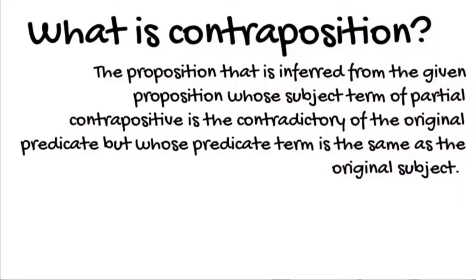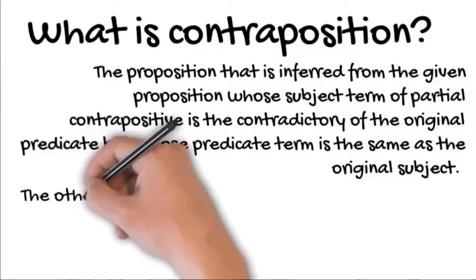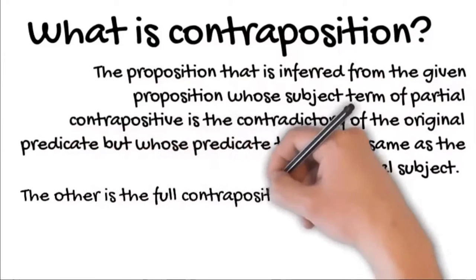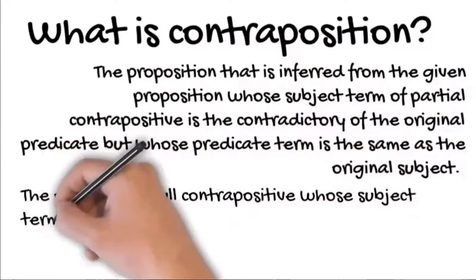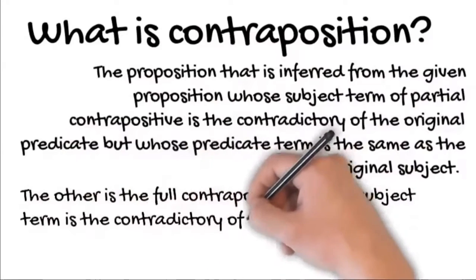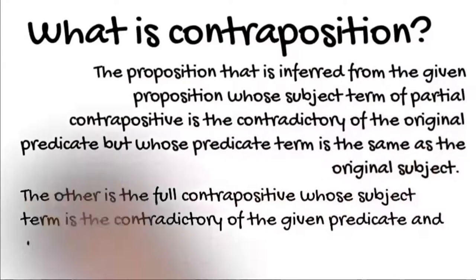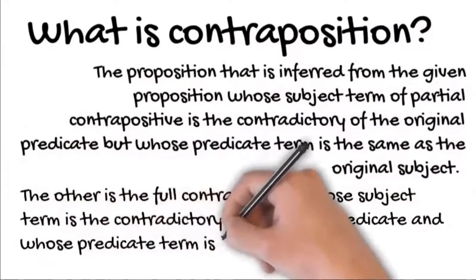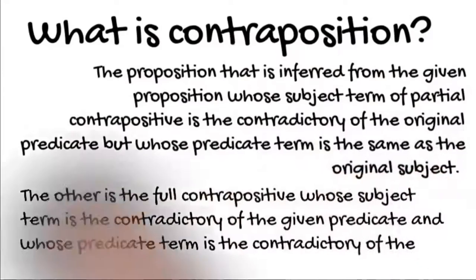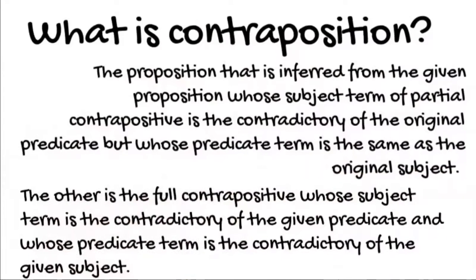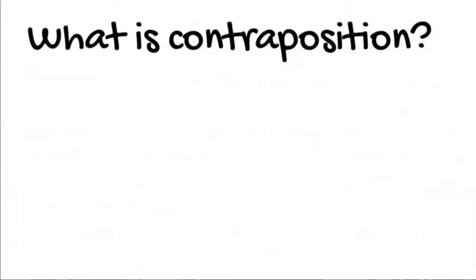The other contraposition is the full contrapositive, whose subject term is the contradictory of the given predicate, and whose predicate term is the contradictory of the given subject. In the next slide, we will illustrate this definition using the template of contraposition.